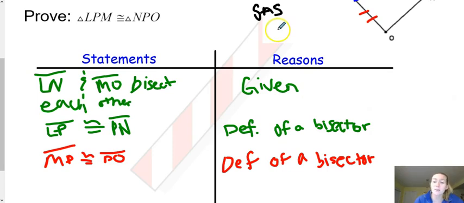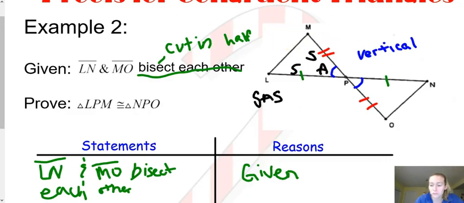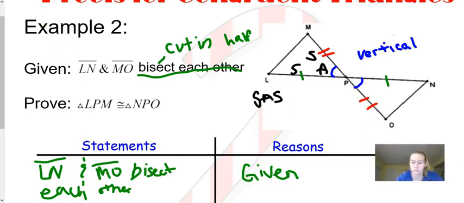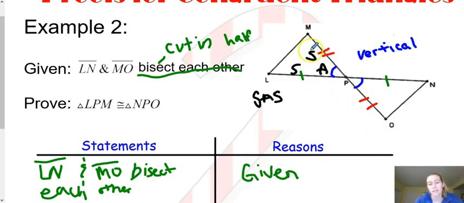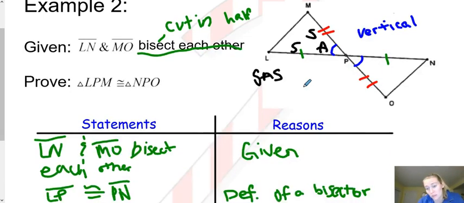The next thing that we found was that angle MPL. Notice that I did not say angle P, because the vertical angles here are going to be the same angle, right? They're both angle P. So we have to be clear with it and we have to label these with 3 letters.